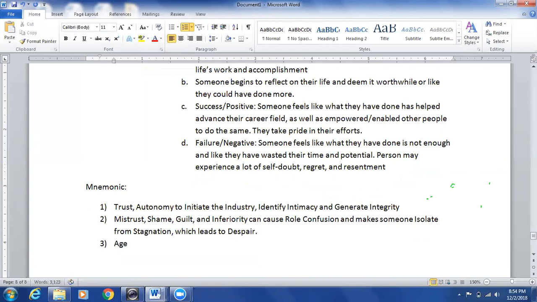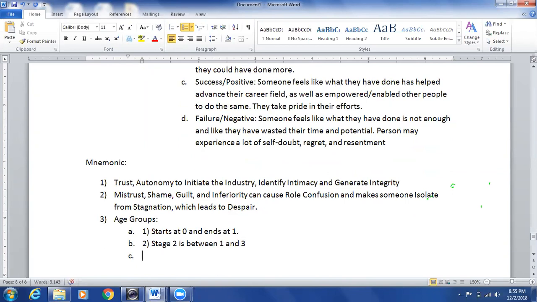So the age groups even have their own little mnemonic. The first one starts at 0 and ends at 1. The second stage is between 1 and 3, because that's 1 and 3 years old.